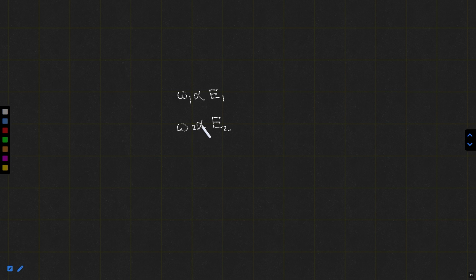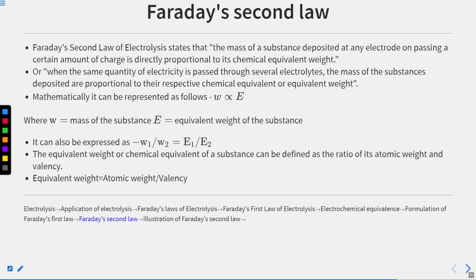These are the two weights, and we are considering different substances. So we can write W1 by W2 is equal to E1 by E2. Is this clear? We have just divided these two. W is the mass of the substance and E is the equivalent weight of the substance. The equivalent weight or chemical weight of a substance can be defined as the ratio of its atomic weight and valency. So equivalent weight is atomic weight divided by valency.